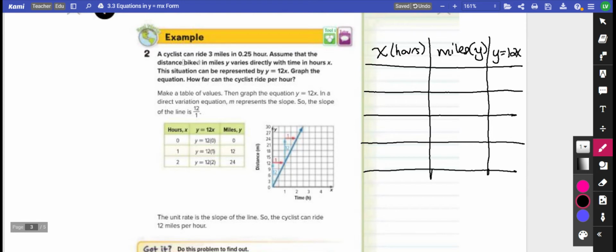So it says the cyclist can ride 3 miles in a quarter hour. So we're going to start at 0 hours, 1 hour, 2 hours, and go from there.